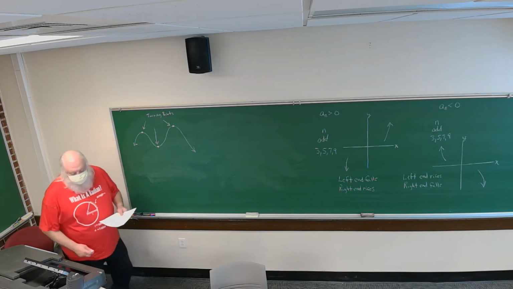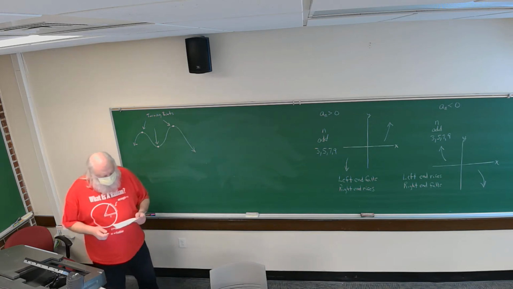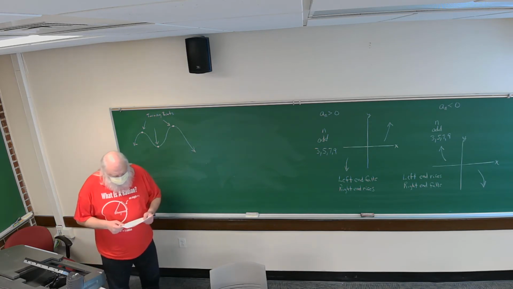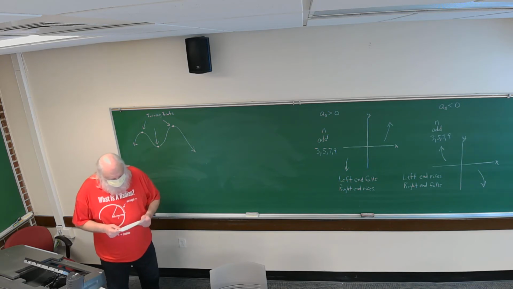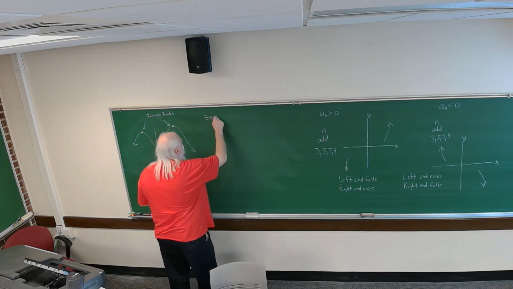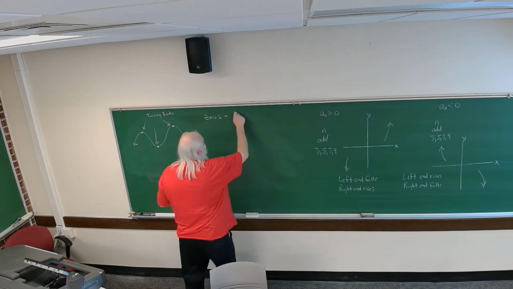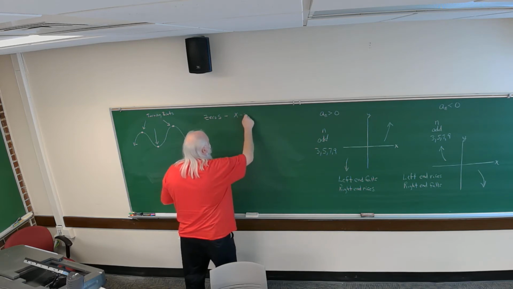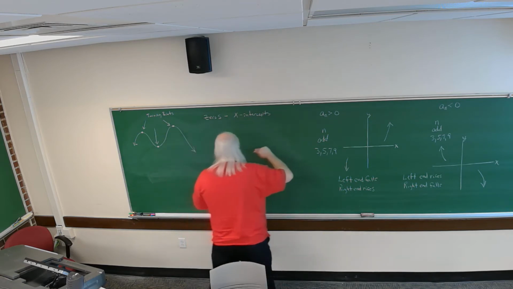All right, so let's take a look at example 2. It says use the zeros and the end behavior of the polynomial function to sketch an approximation to the graph of the function. Okay. So in example 2, where it's talking about the zeros of the polynomial function, those are the x-intercepts in the graph of the polynomial function.